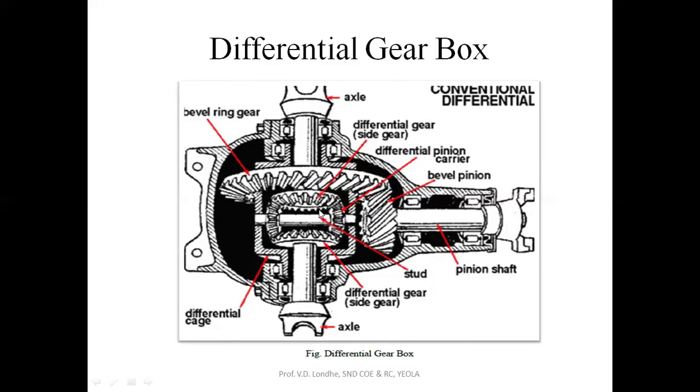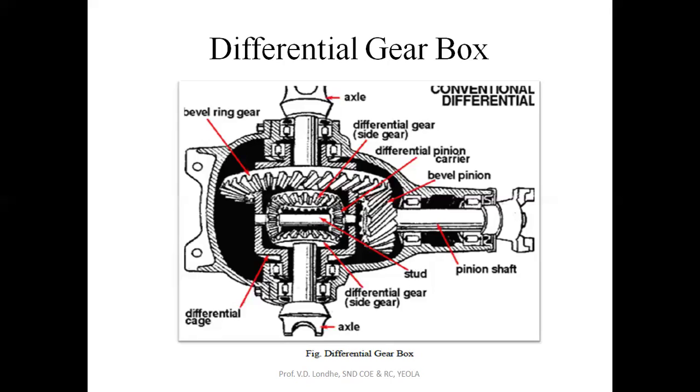What is the use of this differential gearbox? As we know, it is not used to speed up or speed down, but while taking a turn on a curved path, in order to avoid the skidding phenomenon of the vehicle, we have to use this differential gearbox.